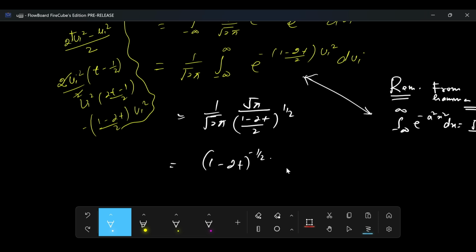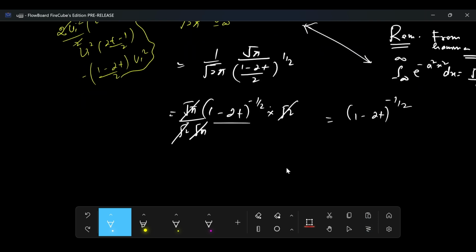See, this is root pi and this is also root pi. Clear? This is root pi, this is root 2 into root pi, and this is multiplied by root 2. Why? Because 2 raised to the power 1 by 2 is root 2. Root 2 cancels, root pi cancels. So this is (1 minus 2t) to the power minus 1 by 2.